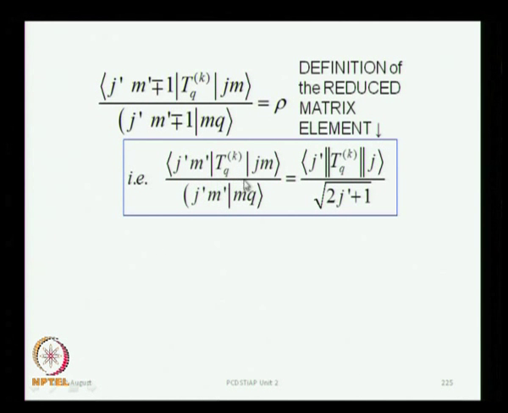the matrix element of an irreducible tensor operator, it bears a ratio to the Clebsch-Gordon coefficient, which is denoted by this rho, and you can introduce a new notation which is rather convenient, because this ratio is independent of the azimuthal quantum numbers m. Okay. It does not appear anywhere, but it does depend on the angular momentum quantum numbers and the rank of the tensor.